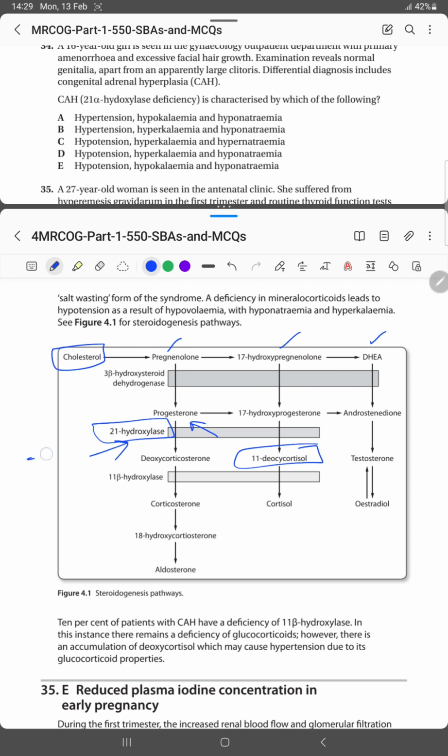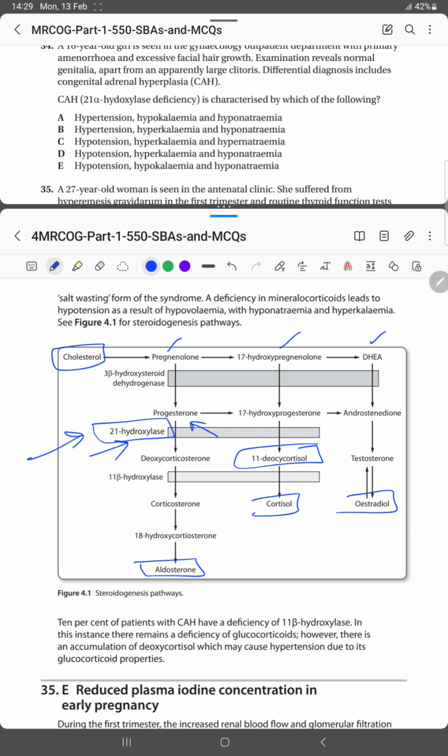What happens when there is a deficiency of 21 alpha hydroxylase is that there will be no production of aldosterone and cortisol. Not estradiol, sorry, estradiol is not considered, but cortisol and aldosterone.